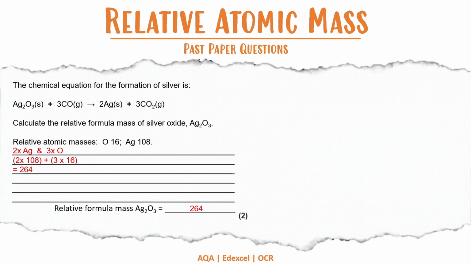Here's the answers to those questions, where we've got 2 silver atoms and 3 oxygens. So we'll multiply 2 by 108 and 3 by 16, giving us a total of 264.